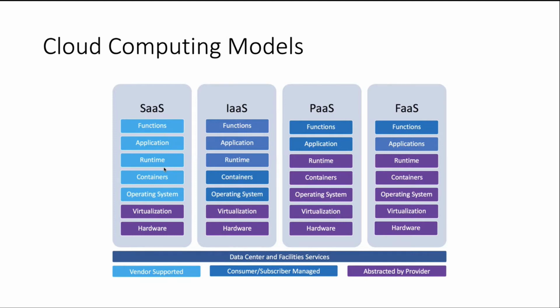Now there is an extension of this also. Some terms you might have heard about: machine learning as a service, IoT as a service, artificial intelligence as a service, database as a service, analytics as a service. All these are now provided by cloud. You have to just go and subscribe to the appropriate service and start using it. So this is what you can consider as today's cloud computing model.